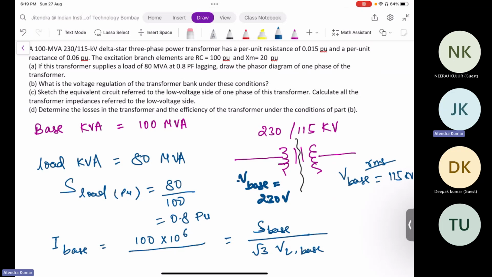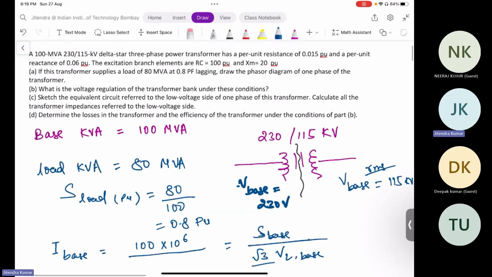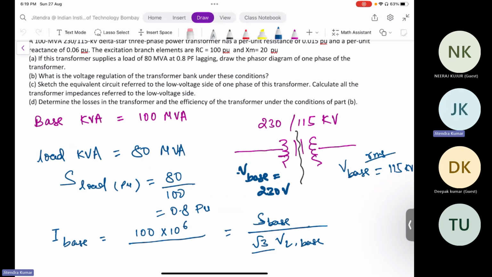Why are we computing base current right now on the secondary side? Because the load is connected on the secondary side. That's why I am taking the factor of root 3, because a star is on the secondary side. So I will plug in all the values, root 3 into VL base, where VL base is 115 kV.